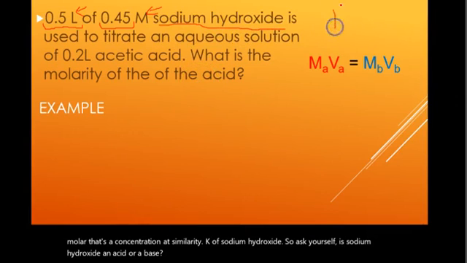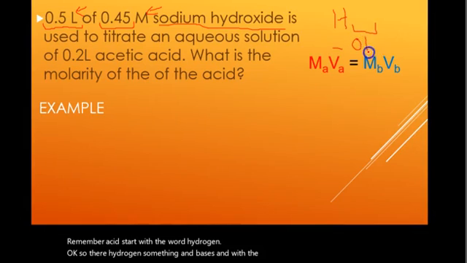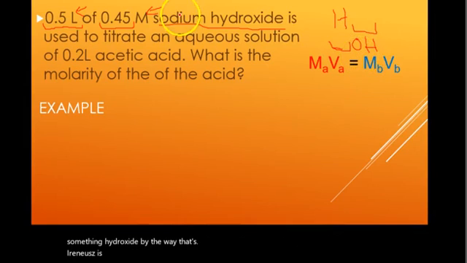Remember, acids start with the word hydrogen, okay? So they're hydrogen something. And bases end with the word hydroxide. So there's something hydroxide. By the way, that's Arrhenius's definition. So sodium hydroxide means I have the base numbers here.